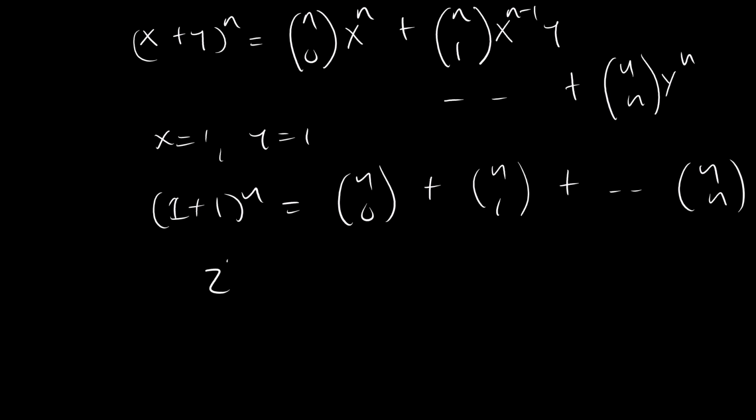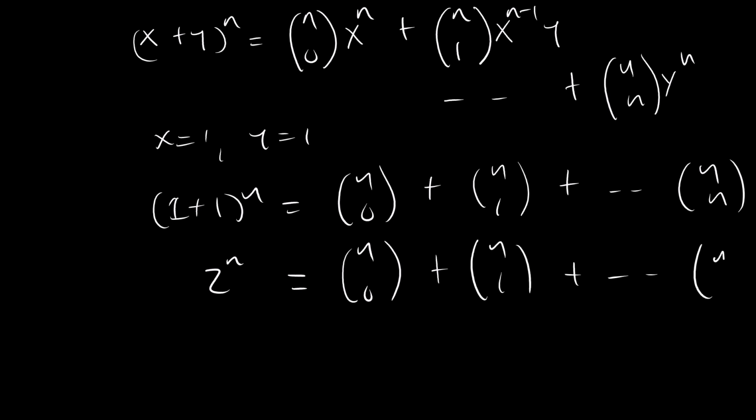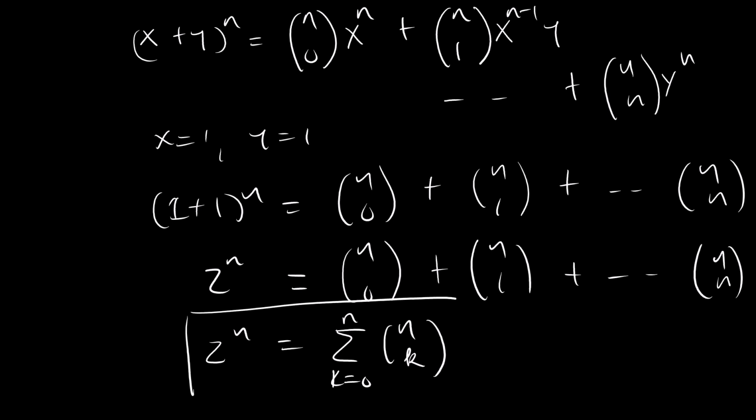Okay, so 2 to the power n is equal to, in other words, 2 to the n is equal to the summation from k equals 0 to n of n choose k.